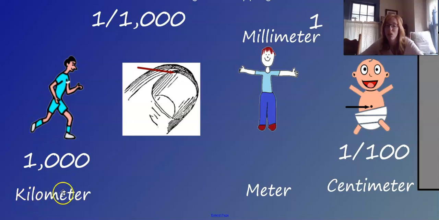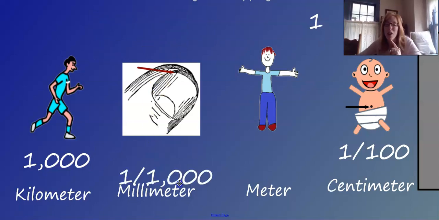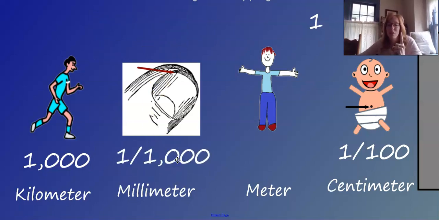We're looking for something really small, milli. If you turn it to the side and look at the thickness of your nail, that's a millimeter, and that's 1/1,000th. It takes 1,000 millimeters to make a meter. And then you have your guy with his arms out, and that is 1 meter.